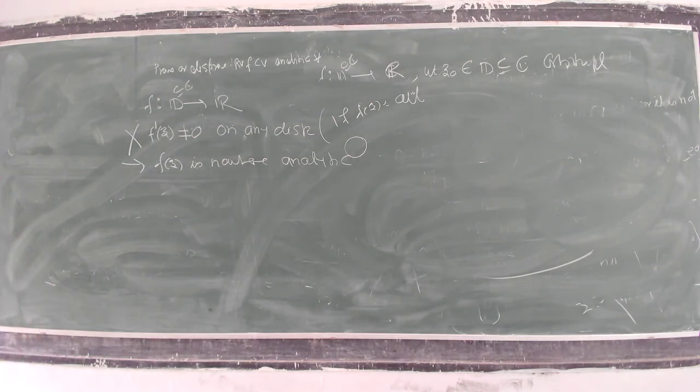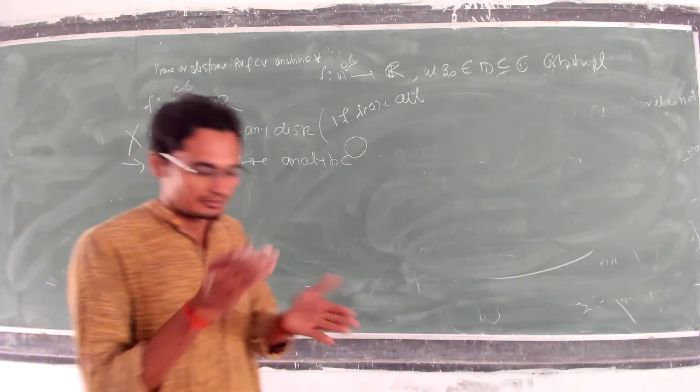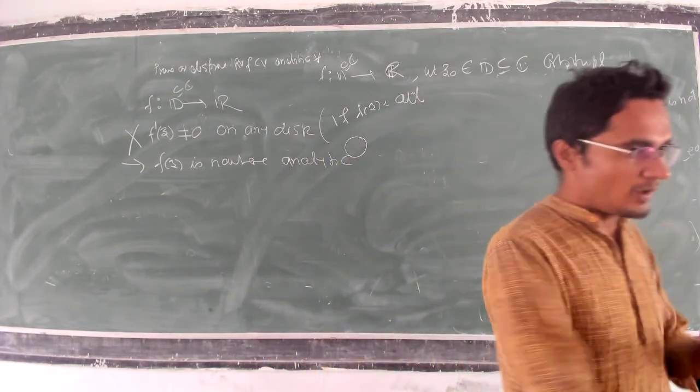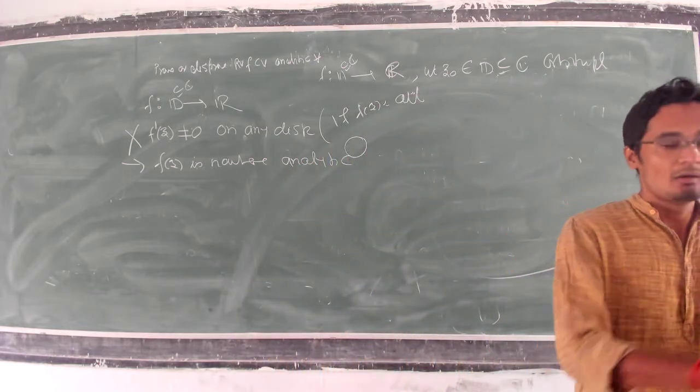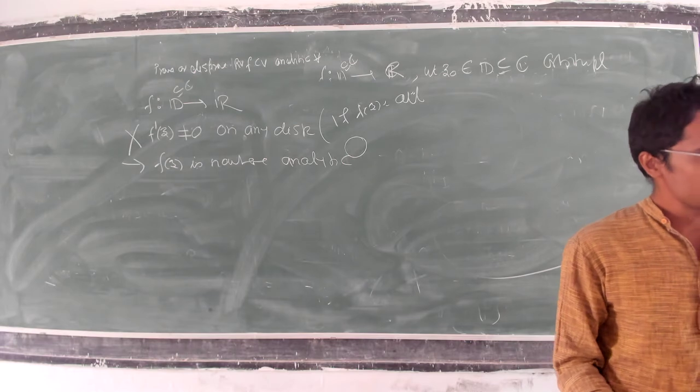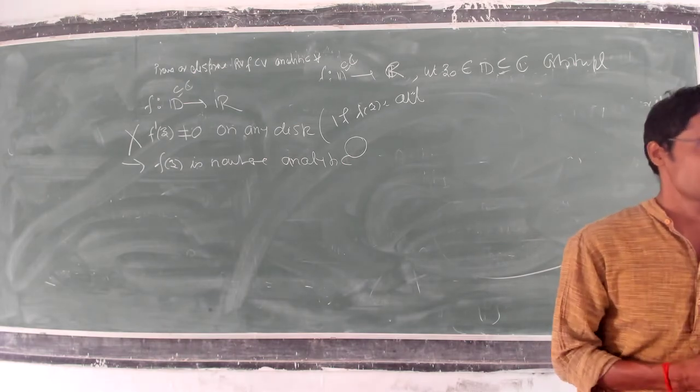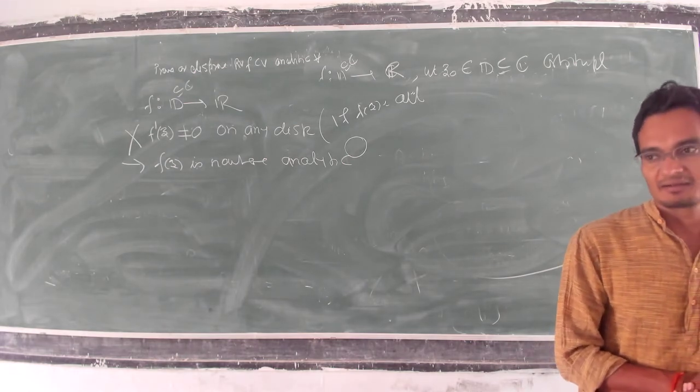Okay, the function is nowhere analytic. So till now, whatever functions you had gone through in chemistry, mathematics or whatever, if they are real valued, all those functions are not analytic and you have to throw them out from complex analysis.